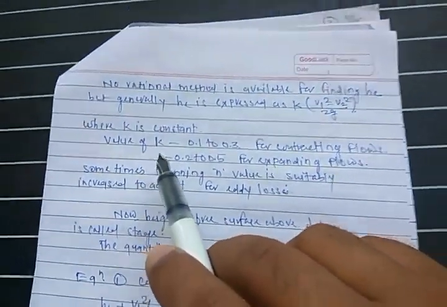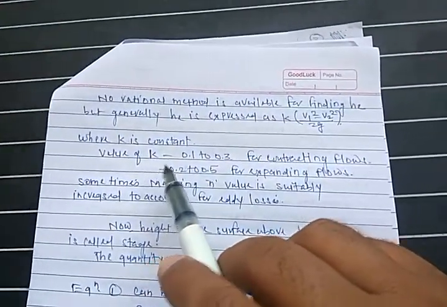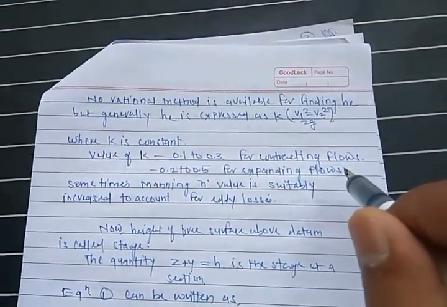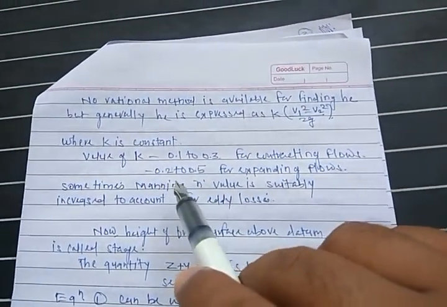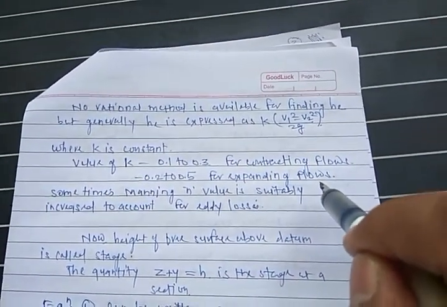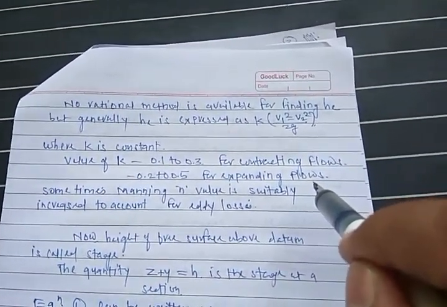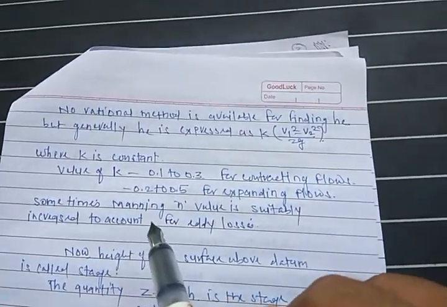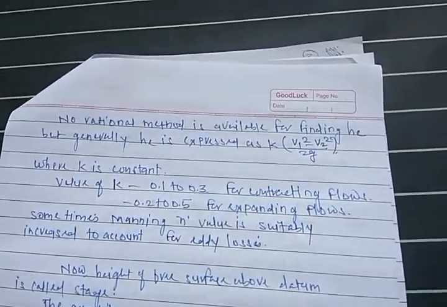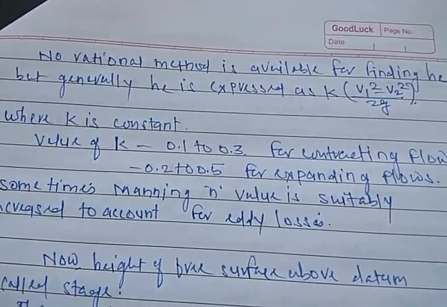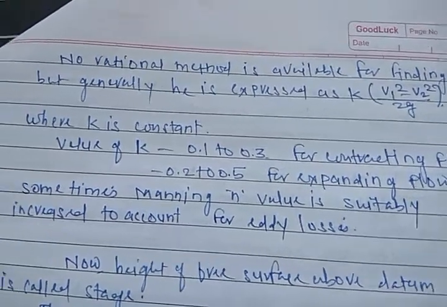The value of k is 0.1 to 0.3 for contracting flows and 0.2 to 0.5 for expanding flows, where the cross section is decreasing and increasing, contracting and expanding. Sometimes the Manning's n value is suitably increased to account for eddy losses.